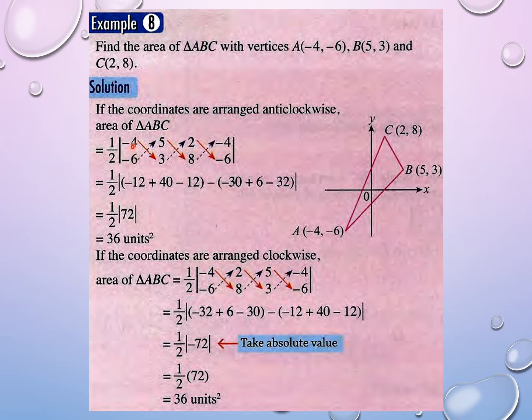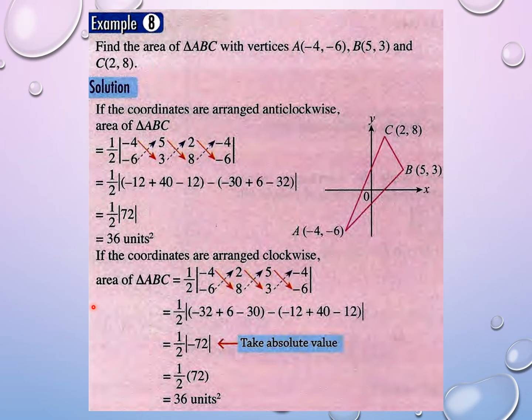So -4, -6 is the coordinates for point A, 5, 3 for B, 2, 8 for C. And for the last one, we have to repeat the first coordinate, -4, -6. Then we follow the algorithm. After we multiply down, we have to minus the other one, the diagonal one. So you get this, and when we simplify, you get 72 modulus.